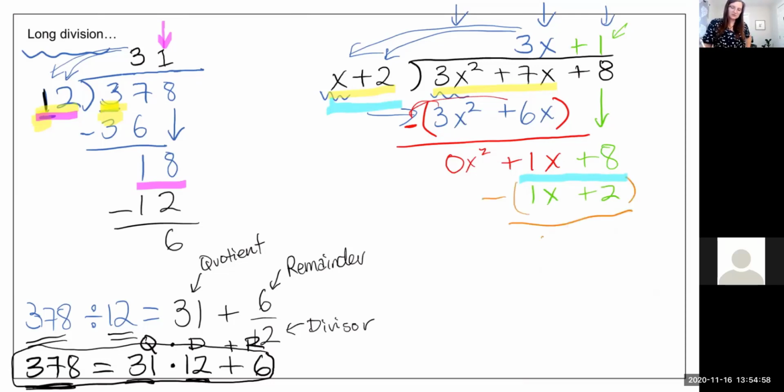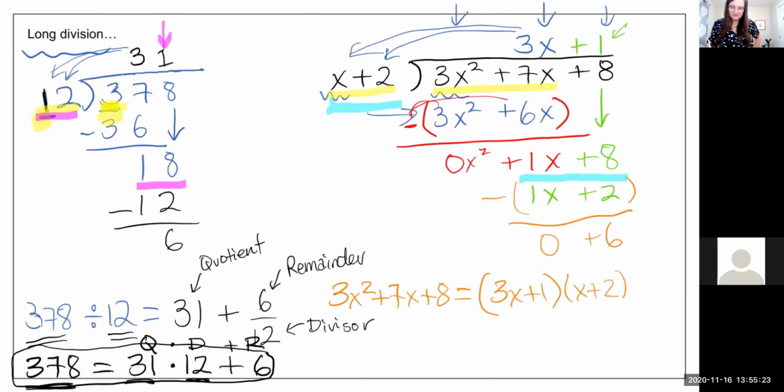This will be 0. 8 minus 2 is 6. That's pretty much exactly what we got, 31 remainder 6. So there are 2 ways to write this. One way is to say that 3x squared plus 7x plus 8 can be written as 3x plus 1 times x plus 2, plus 6.